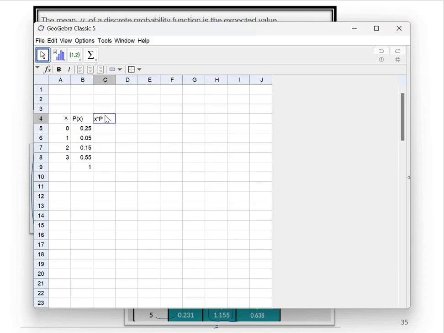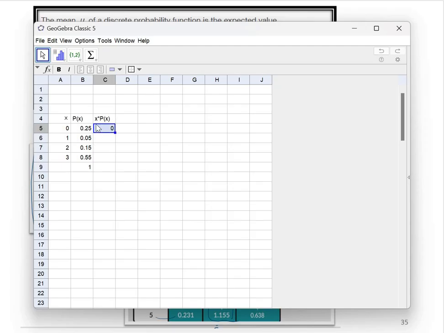So we are going to find that value. For that, I type equal to, then click on this, then type the multiplication sign, then click on this and press enter. It is 0 times 0.25, so you will get the value there.